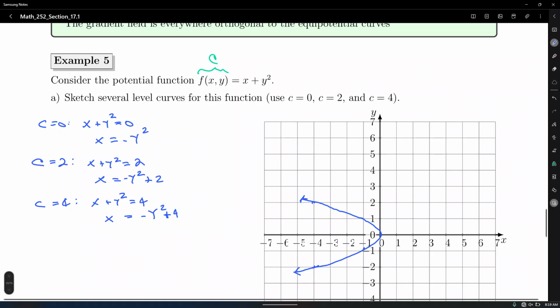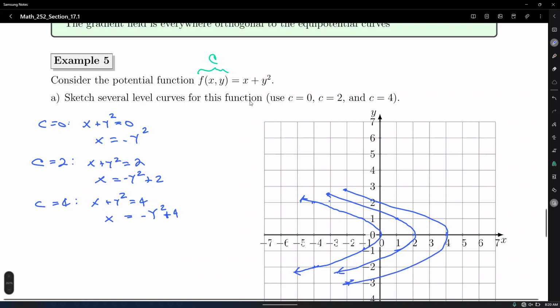So it's pointing to the left, but the 2 shifts it to the right. That's correct. And then 4, 4 units. Okay, so these are the level curves.